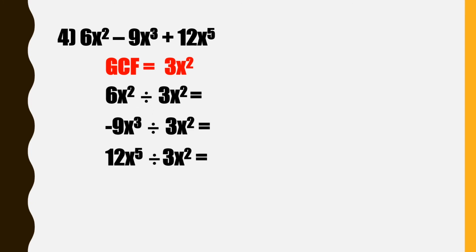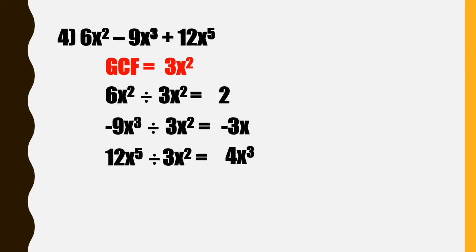So 6x squared divided by 3x squared is equal to 2. Negative 9x cubed divided by 3x squared is equal to negative 3x. So as we can see, again, we have different signs. That's why the answer is negative. And 12x to the 5th power divided by 3x squared is equal to 4x cubed.